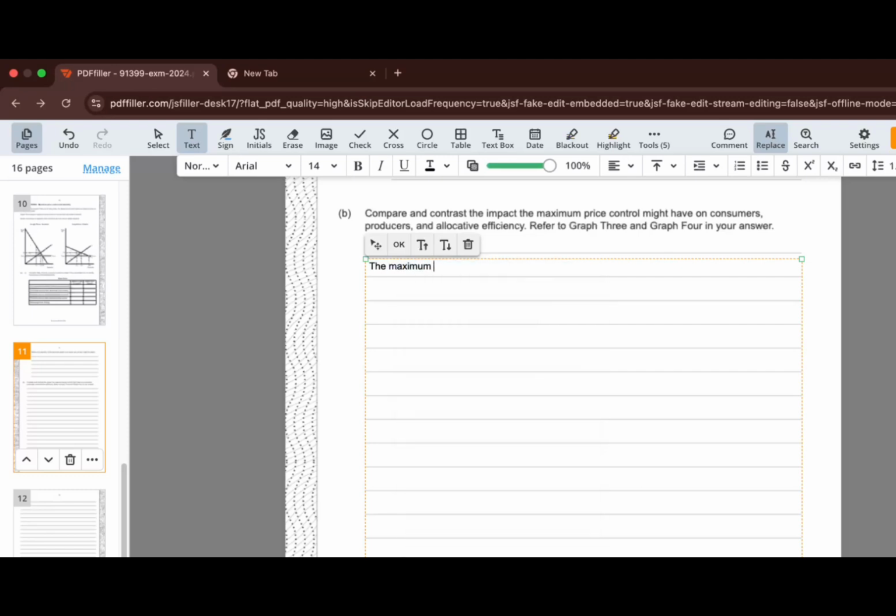Yeah, so we'll get started, guys. So the maximum price control causes consumer surplus to increase. We'll start off with that elastic good to increase from 1 plus 2 to 1 plus 3. Okay, 1 plus 3 when the item is inelastic.